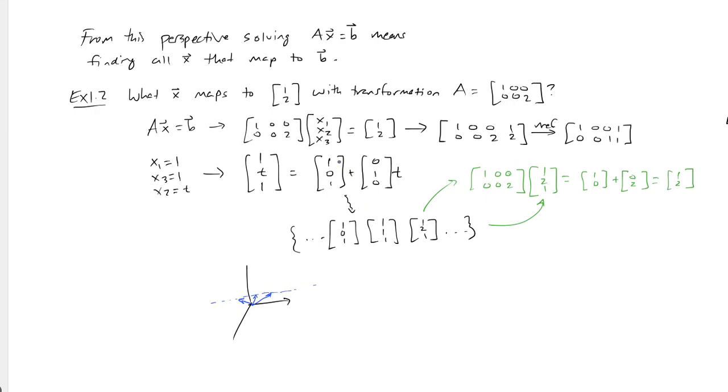All these vectors get mapped to this vector (1, 2), which is right here. So every one of these vectors in this line gets mapped to that single vector (1, 2).